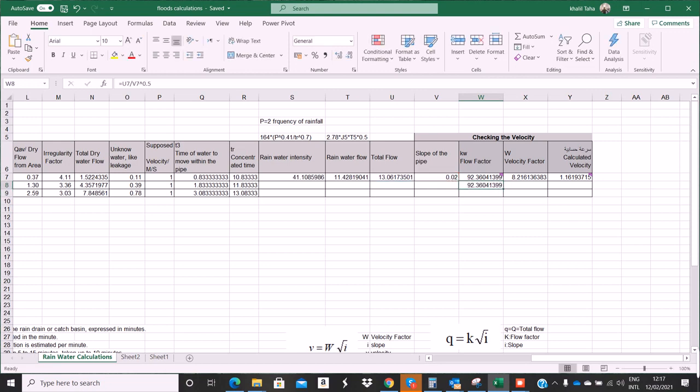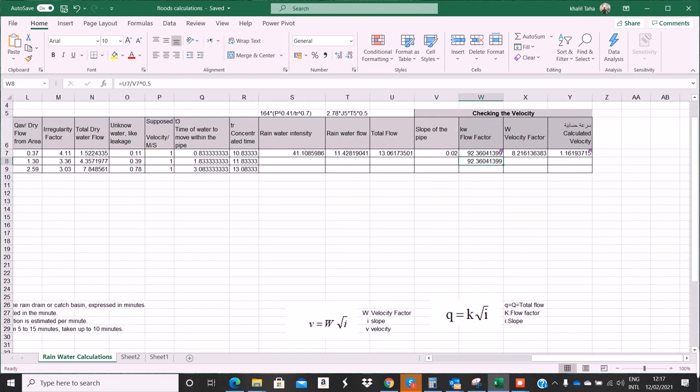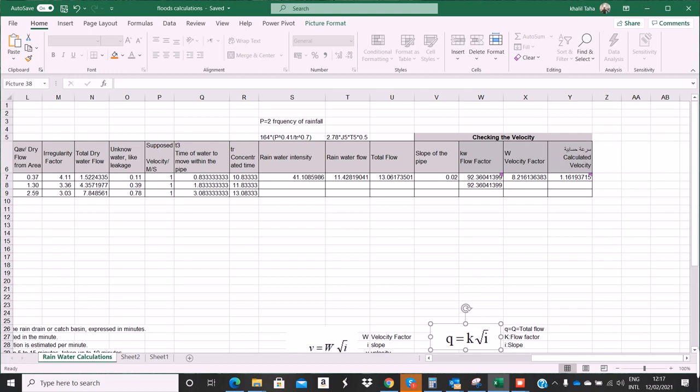This is the formula from the reference I used. K factor equals total flow divided by the slope, with the slope under the SQRT. You can find it.